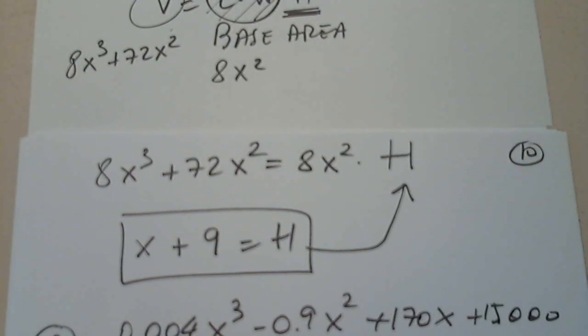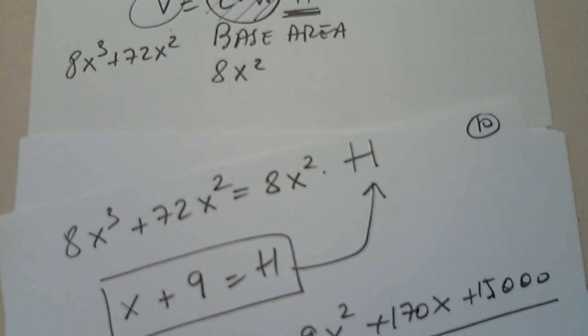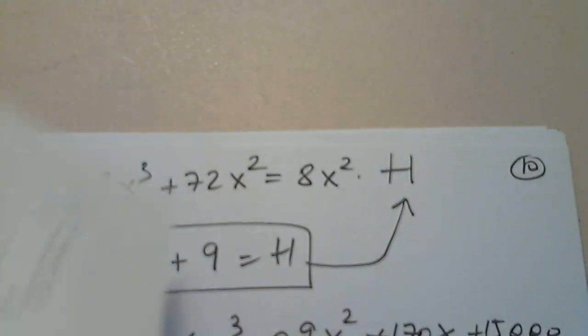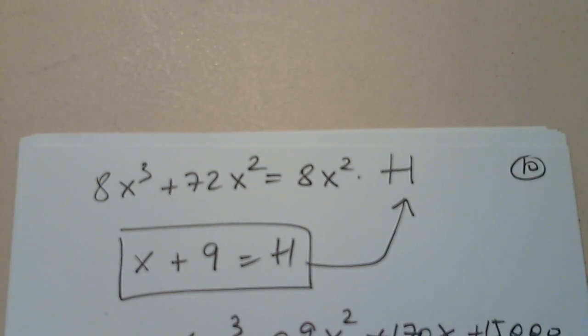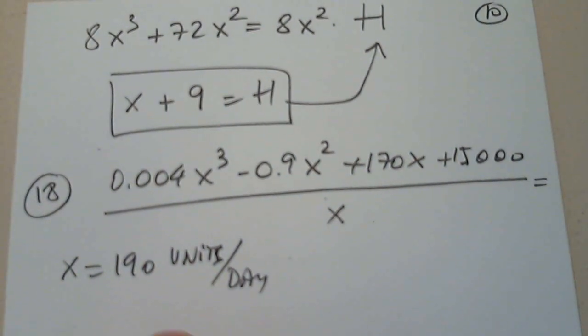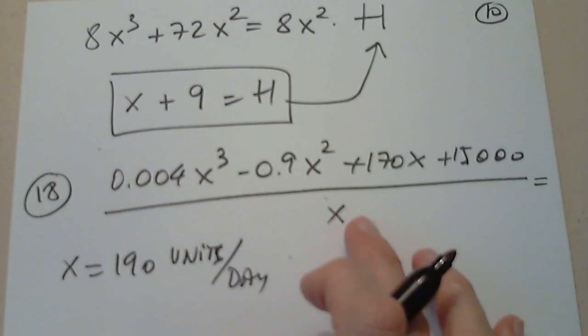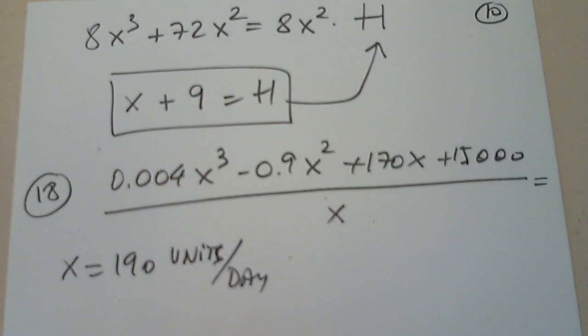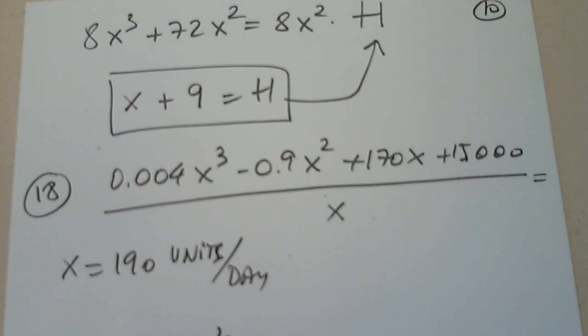Good. So first let's simplify. In order to simplify, we will separate. We are going to use option 1. When I separate this by this over this, I get 0.004x squared, because x to the third divided by x is x squared.